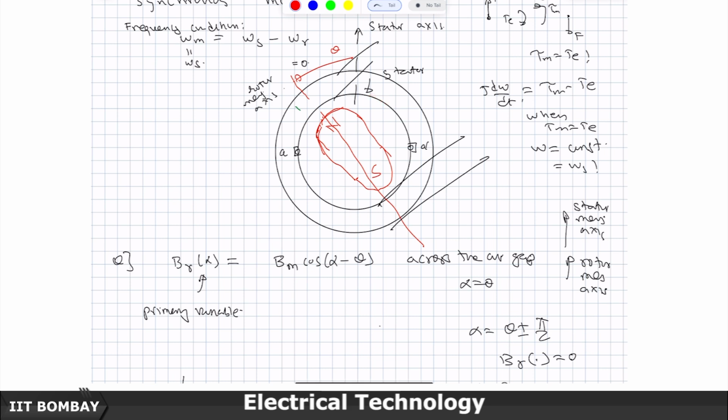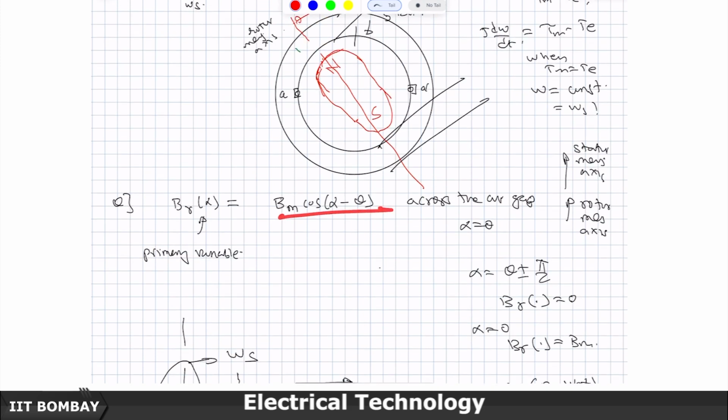You have to integrate from here to here, because all the flux lines are going outward here and all the flux lines will be coming inside here. So, if I want to find out the flux which is linking this coil A dash, then for all of that which is going outside, I have to do the integration, because it is varying like this.